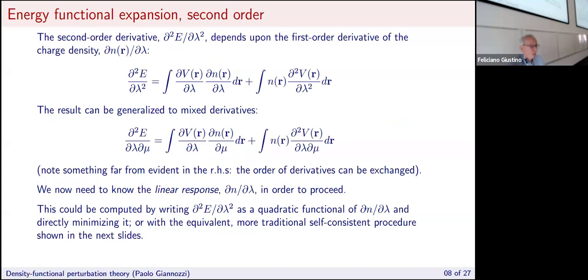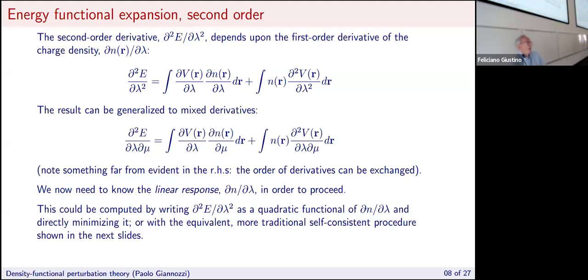Now, second order derivatives are less obvious. Of course, this time we cannot avoid computing the derivative of the charge density with respect to the perturbation. So this is the first order, the linear response to the perturbation.